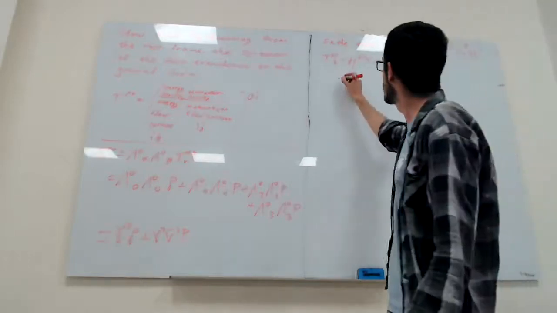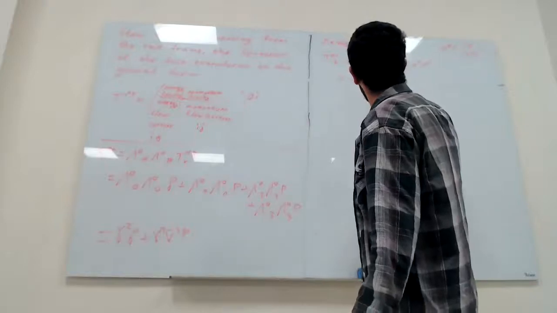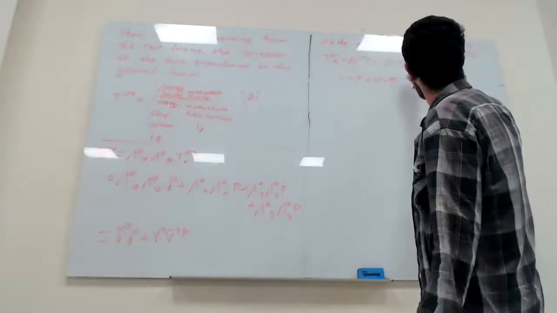So we have minus p plus rho plus p times gamma squared.